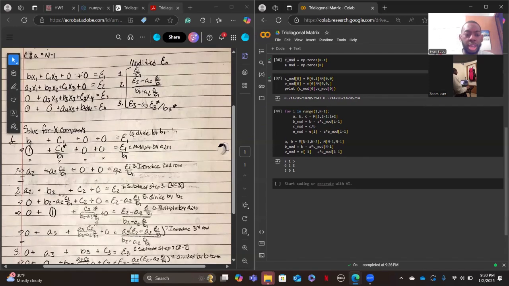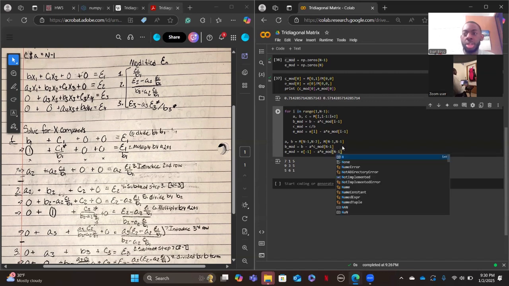And then minus our A, I mean, oh my gosh, I can't talk. So we have our E matrix minus our A times our E mod of I minus 1, which should be N, pulling our last one, N minus 1. So yes, that's correct.